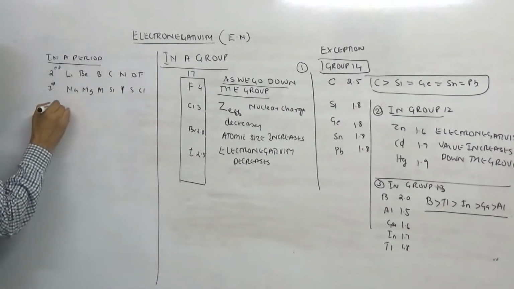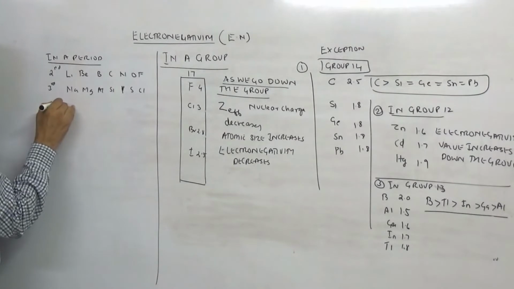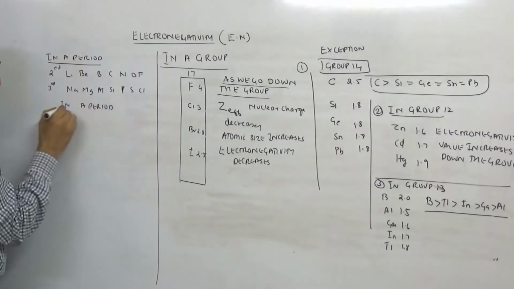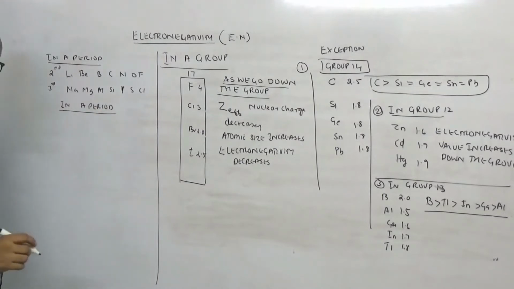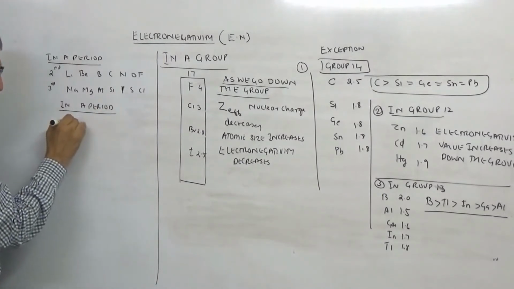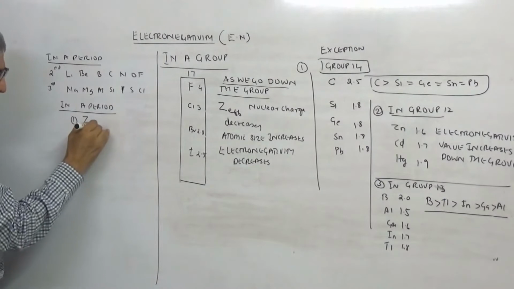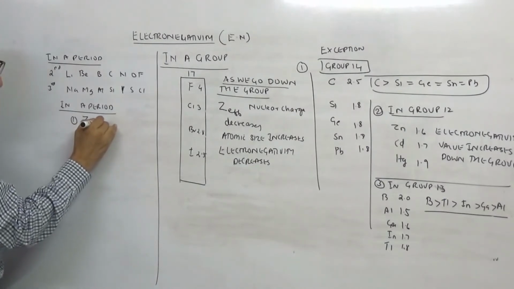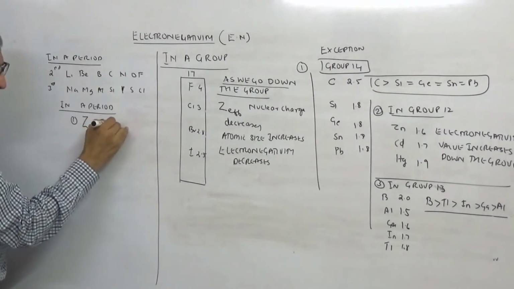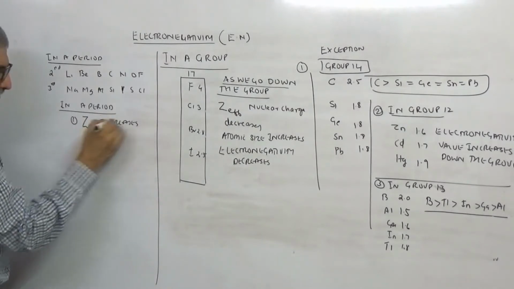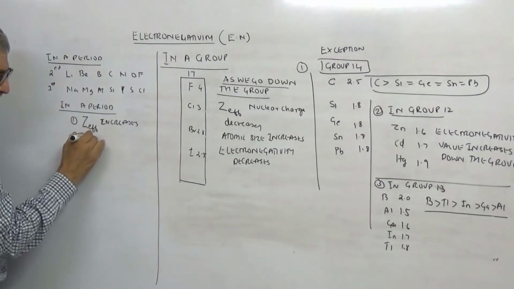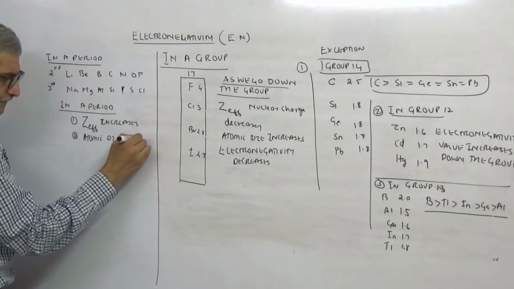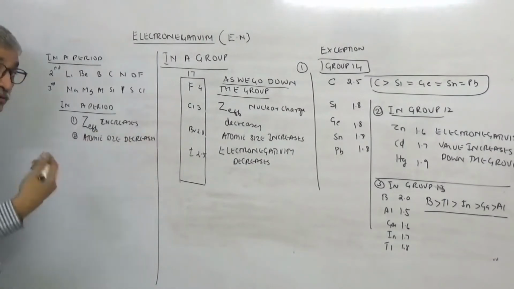As we go across a period, what happens? First point, effective nuclear charge, Z effective, increases. Second, atomic size decreases. We never say nuclear pull increases.